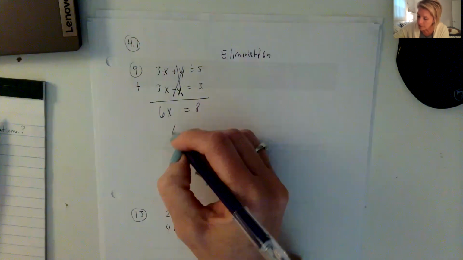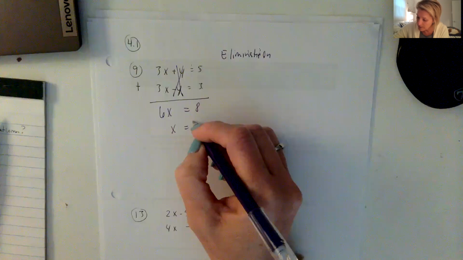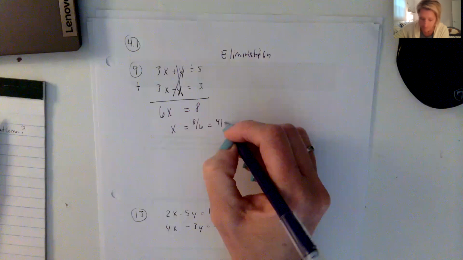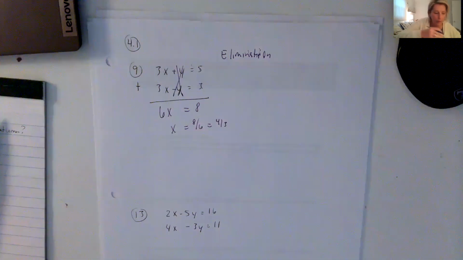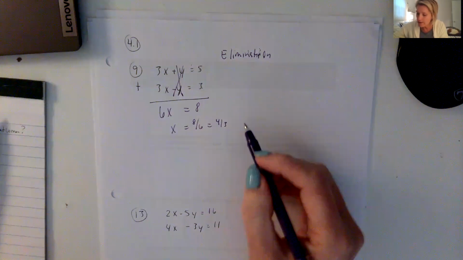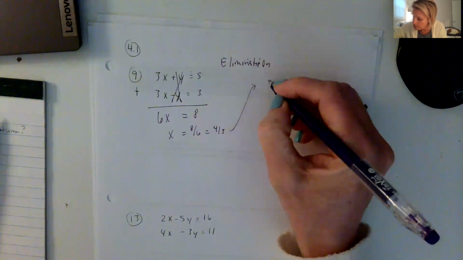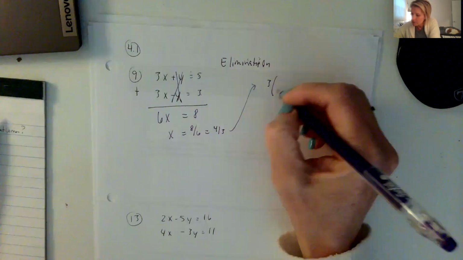Okay, and then I'm going to divide by 6 to find out that x is equal to 8/6, or 4/3. And once I see that I have x equal to 4/3, then I can go ahead and replace that back into either of the equations. So I'm going to use equation 1.